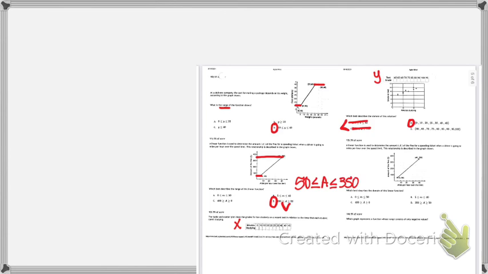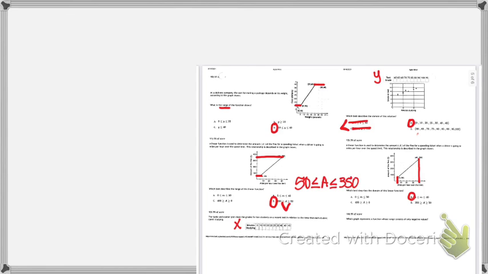So remember, domain is X. The smallest one is, let's see, it's 5. And the biggest value is 40. So my answer would be B.